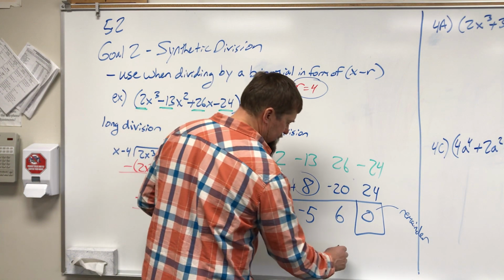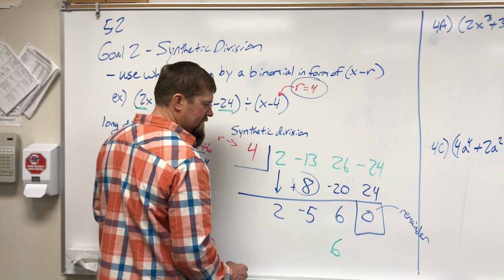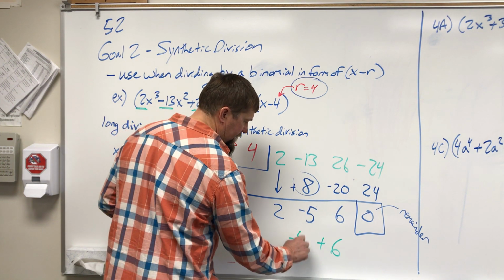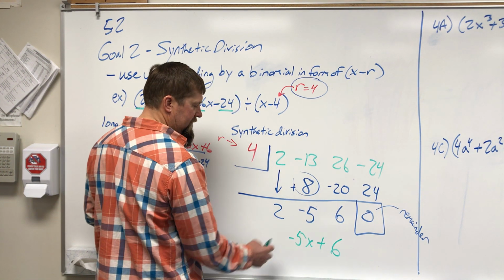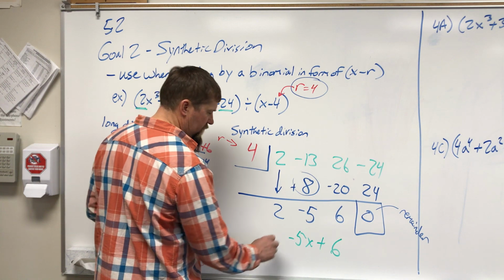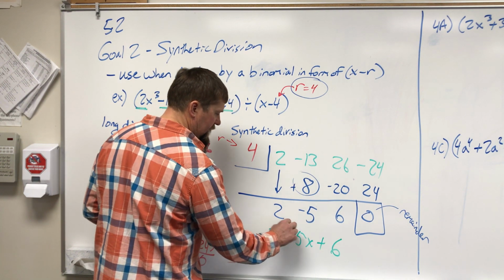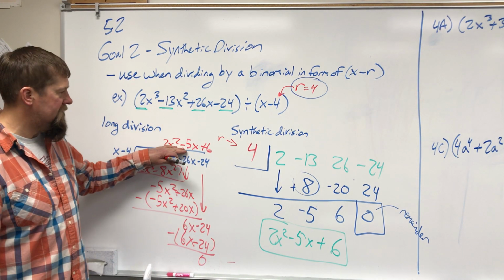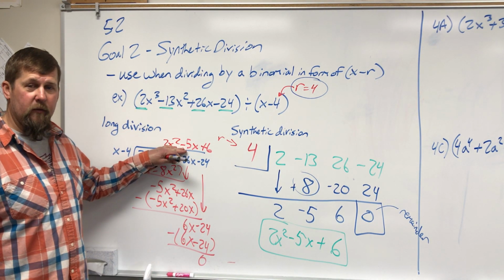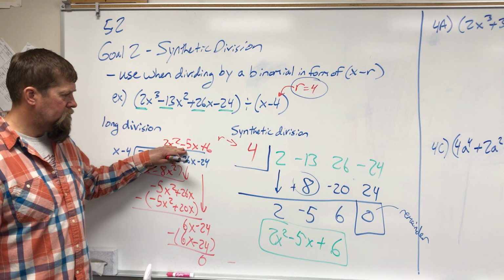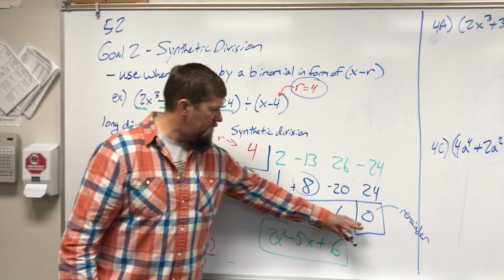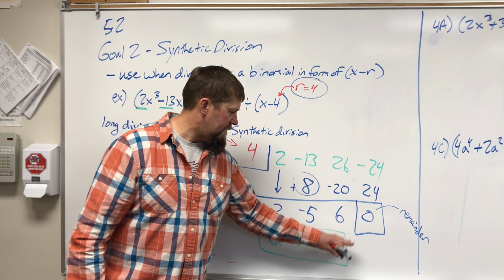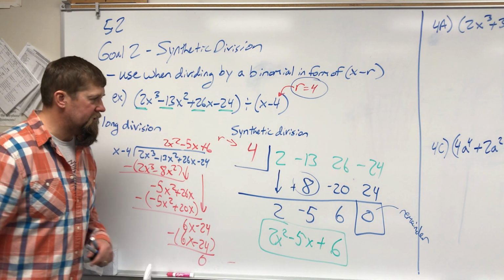So the constant, 6, plus the x term, which is negative 5x, plus the quadratic term, which is 2x squared. There is my quotient. And if you notice, it's the same quotient as over here. Now, if it had a remainder other than 0, we would add it on to the back. But since it doesn't, there's my quotient.